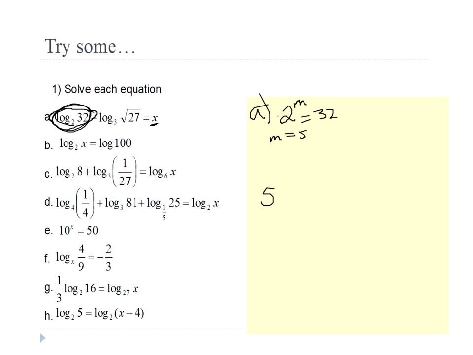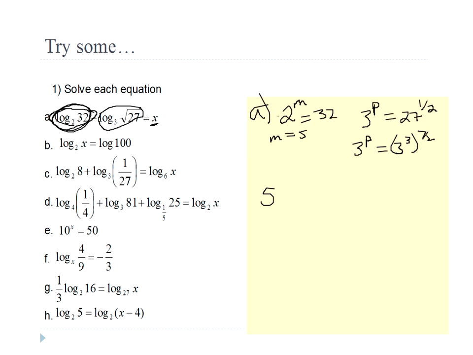Then over here I have log to base 3 of root 27. So I'll say 3 to the something equals the root of 27. And the root is the same as an exponent of 1/2. And so I have 3 to the p equals 3 cubed to the 1/2.